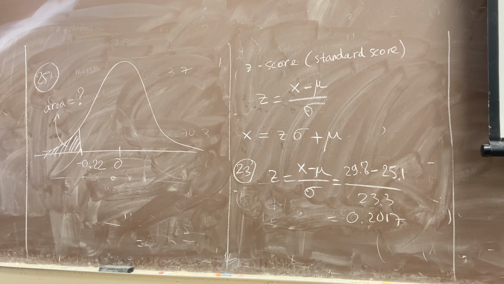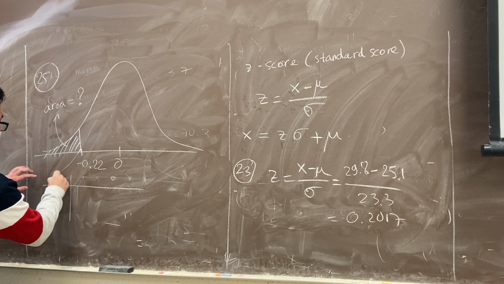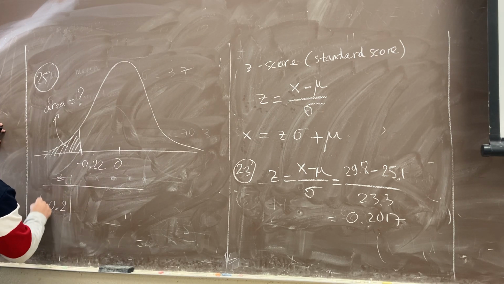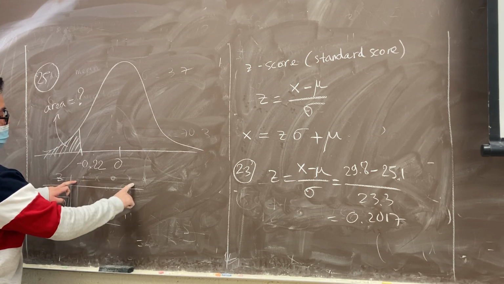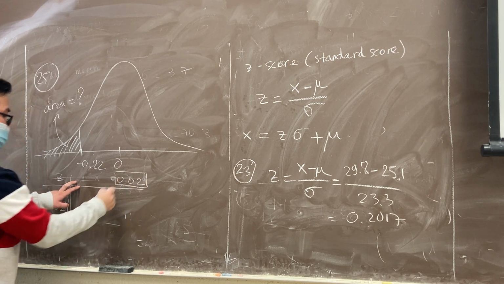We have the Z here, so you need to find negative 0.2 in the first column, and look at the row here and find 0.02.